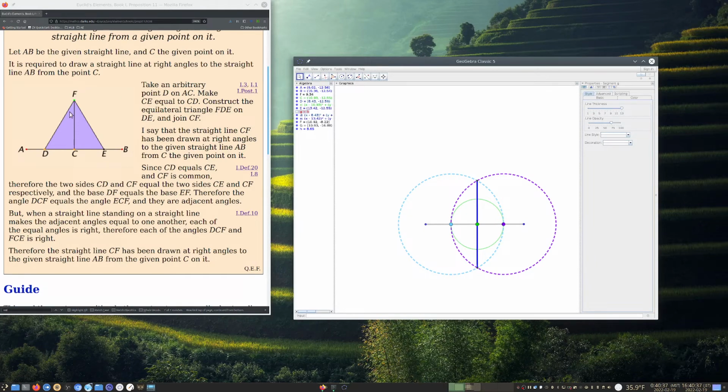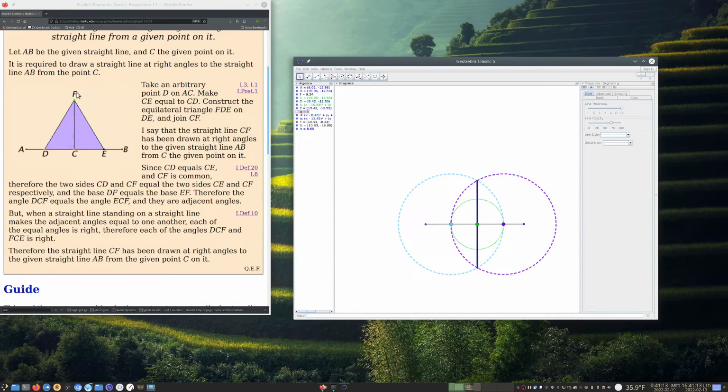This is an interesting idea, that in order to argue a fact, you need more data than you need to construct the figure. The base DF equals the base EF. Therefore, the angle DCF equals the angle ECF, and they are adjacent angles. Okay, so when a straight line standing on a straight line makes the adjacent angles equal to one another, each of the equal angles is right.